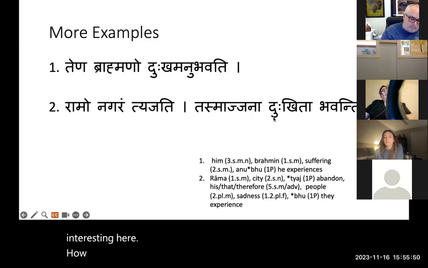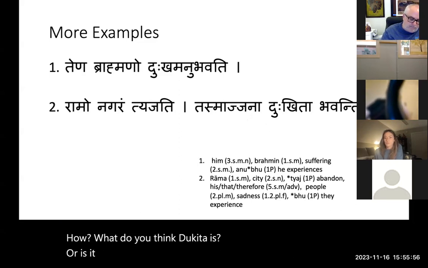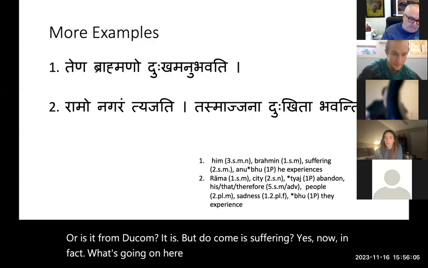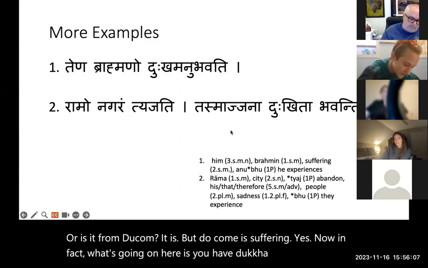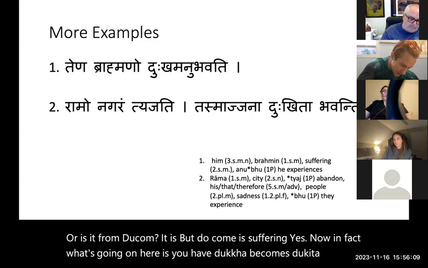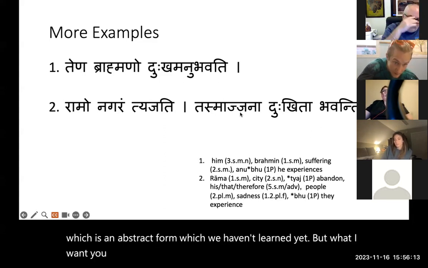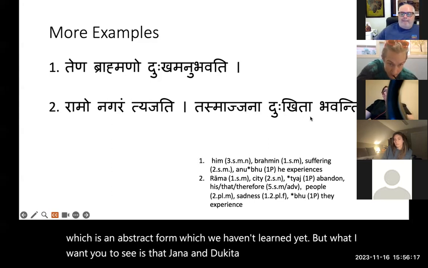What do you think Dukita is? Well, is it from Dukam? It is. So Dukam is suffering. Now, in fact, what's going on here is you have Dukkha becomes Dukkita, which is an abstract form, which we haven't learned yet. But what I want you to see is that Jana and Dukkita are in the same case.